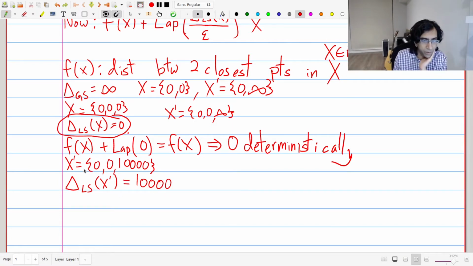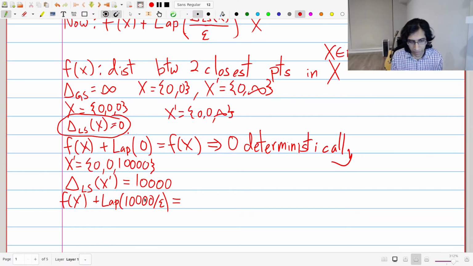So now, suppose we want to privatize a statistic on the data set x prime. Then what we would do is add Laplace of 10,000 over epsilon noise. That's exactly what it is. So this is going to be a distribution equal to Laplace of 10,000 over epsilon.